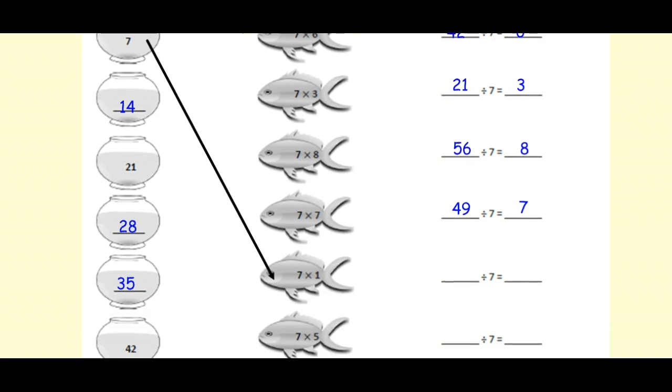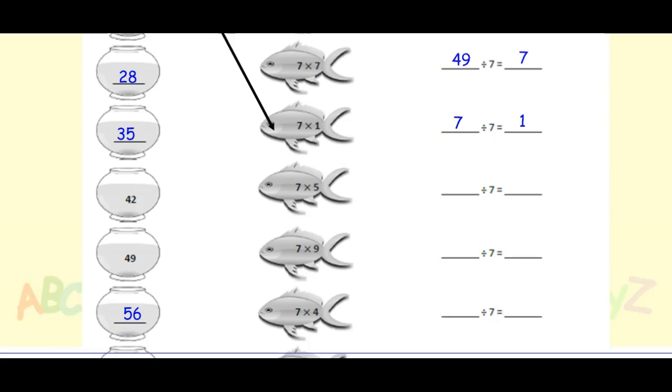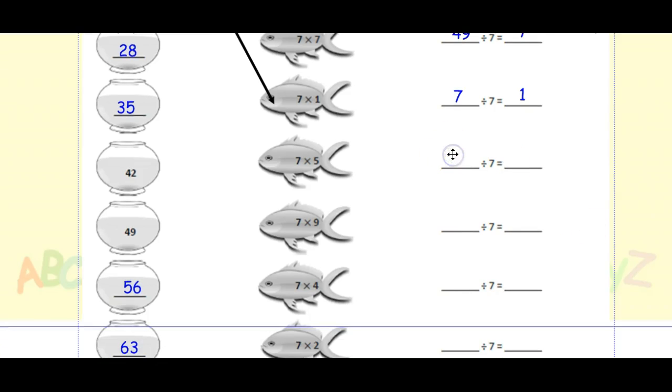Moving on down, 7 times 1 I know gives me 7. And I know 7 divided by 7 is 1. I know that 7 times 5 gives me 35. So right here is going to be 35. And I know that 35 divided by 7 is 5. 7 times 9 is 63.